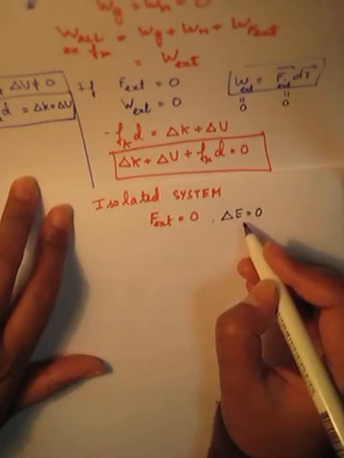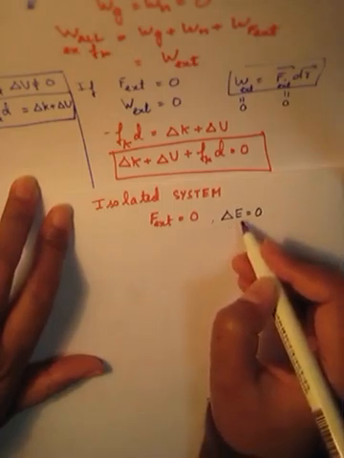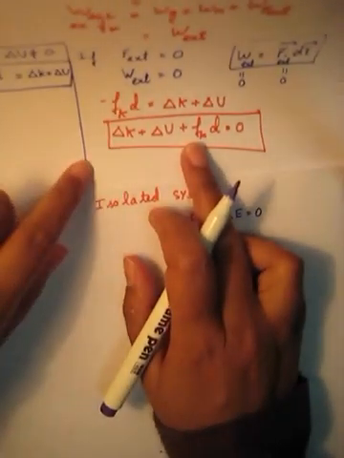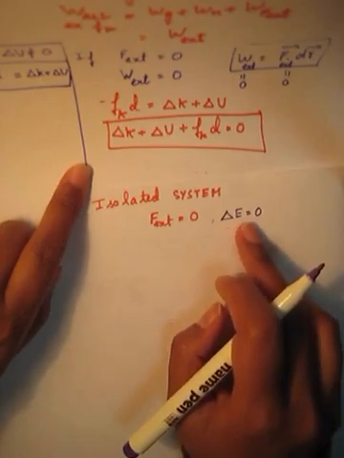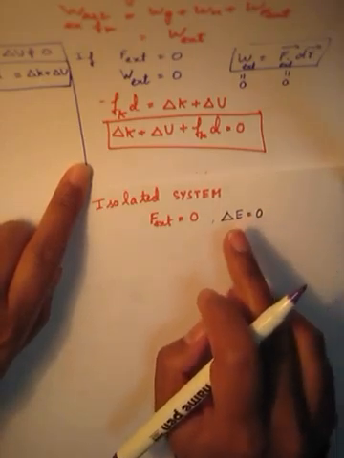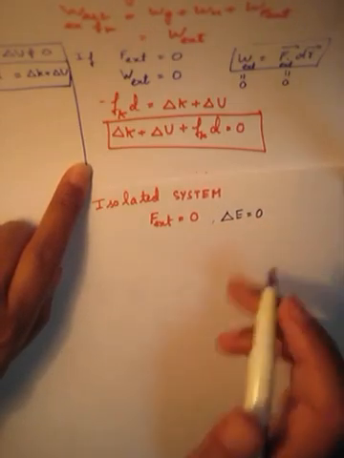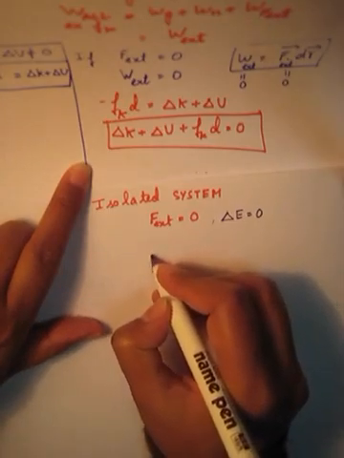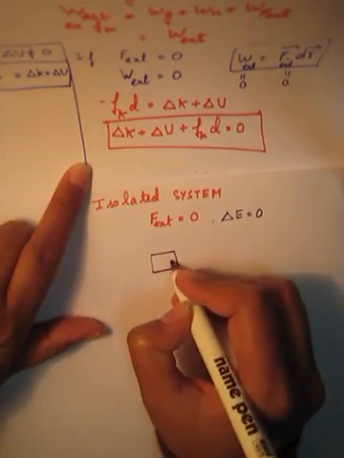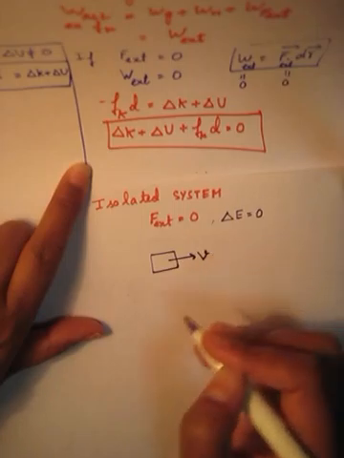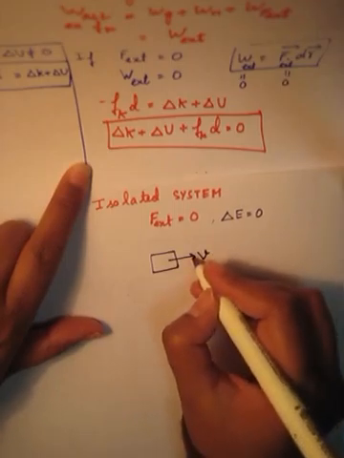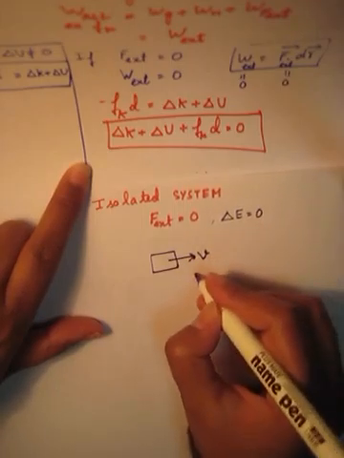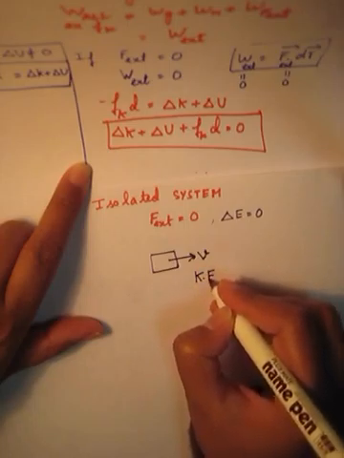Now, when we say this E, it actually means the total energy of the system; the change in total energy of the system is equal to 0. But what is the total energy of the system? Let us say there is some object moving with some velocity v, then it will have only kinetic energy.